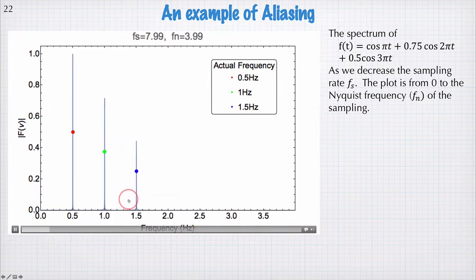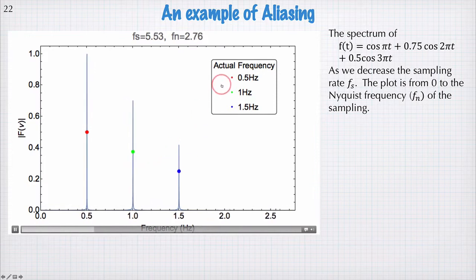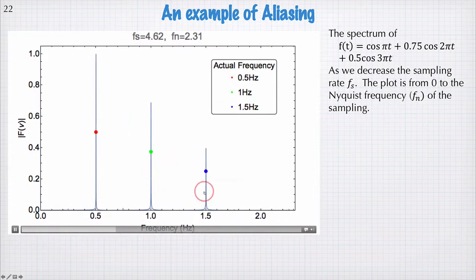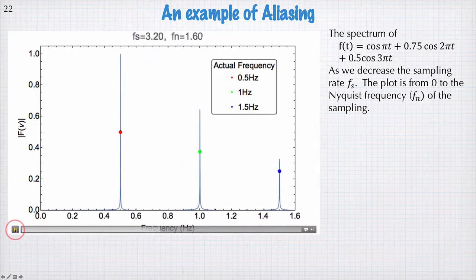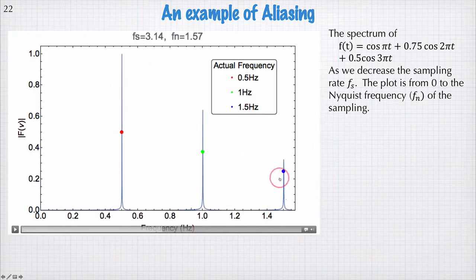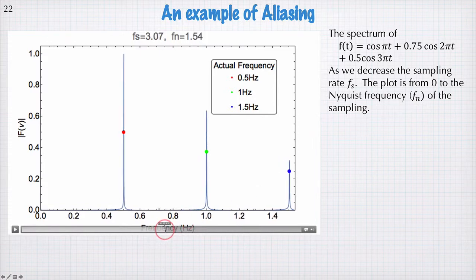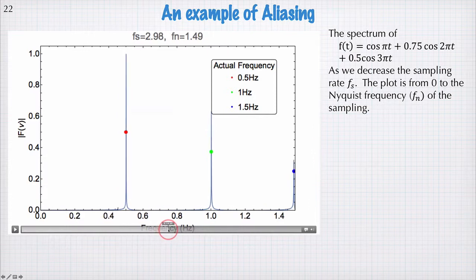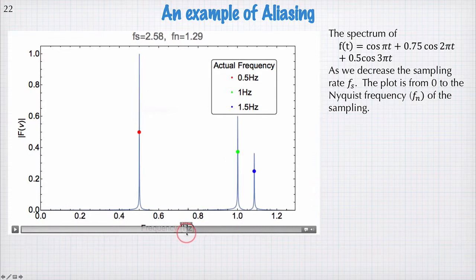Okay, so far so good. The actual frequencies are shown here with these dots, and then these peaks appear in the correct place. But something interesting is about to happen. When we get to this point here, this highest frequency is approaching the Nyquist frequency. What's going to happen? Well, as we go through the Nyquist frequency, that peak reflects off that wall and starts traveling back.